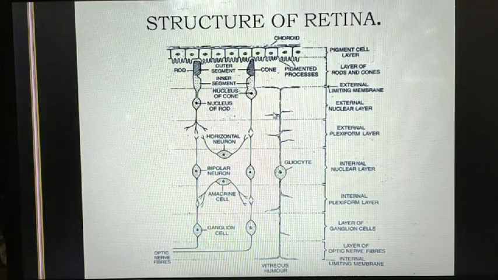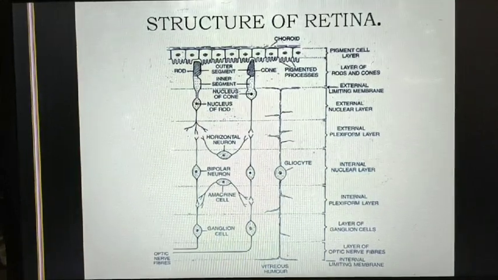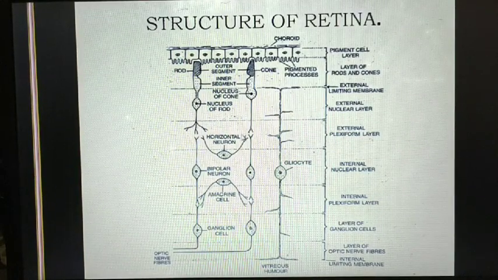The external nuclear layer is made up of the cell bodies and nuclei of rod and cone cells. The next one is the external plexiform layer. This layer consists of only nerve fibers, and these nerve fibers form a network known as a plexus.